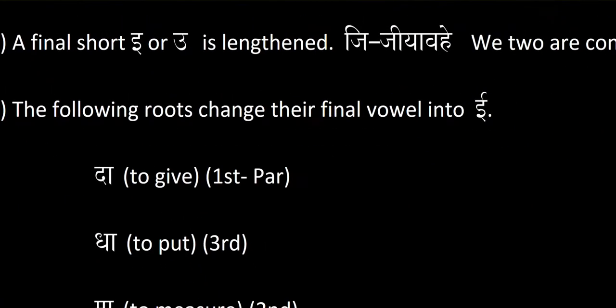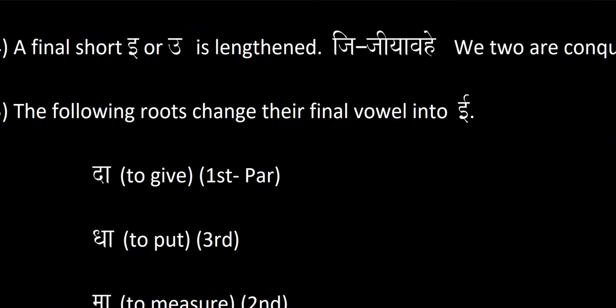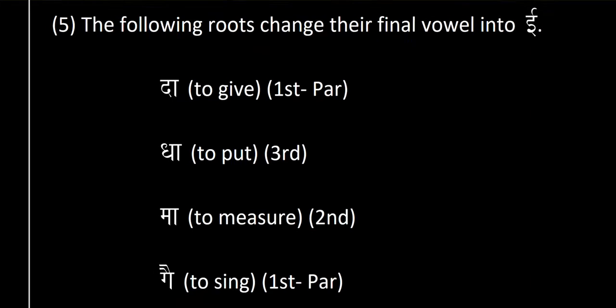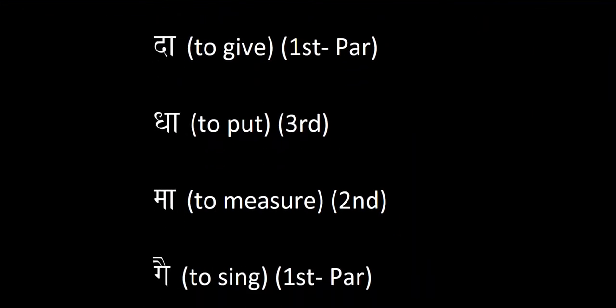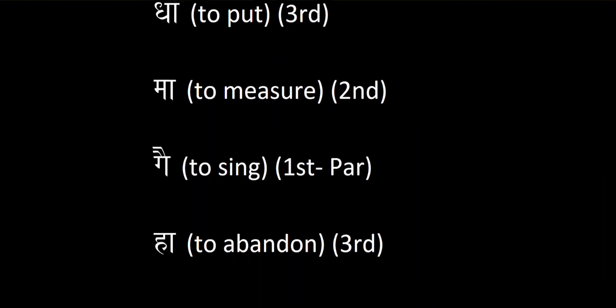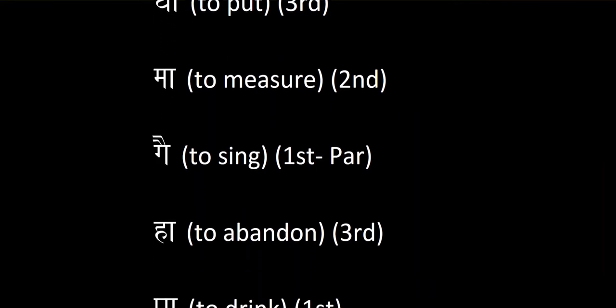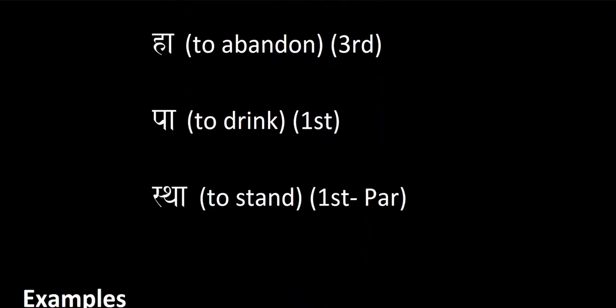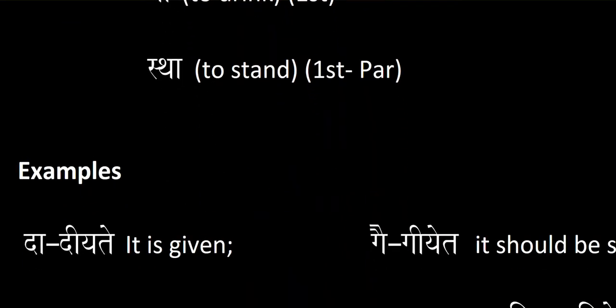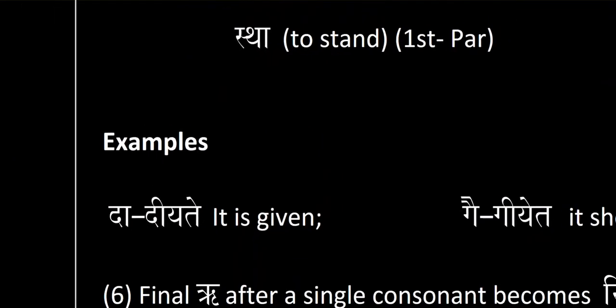Now the fifth rule. The following roots change their final vowel into long i. So da, to give, becomes di; dha becomes dhi; ma becomes mi; gai becomes gi; ha becomes hi; pa becomes pi; and sthaa becomes sthi, all when you need to use them in the passive voice. Two examples that we have here for you.